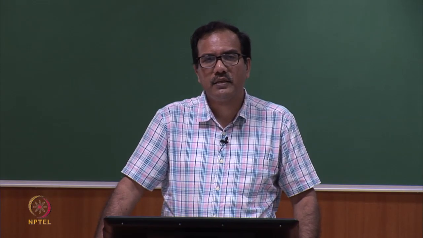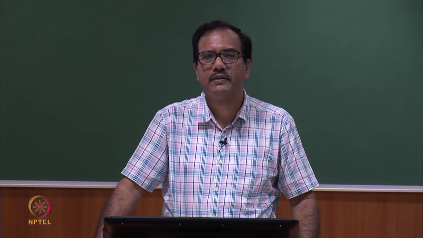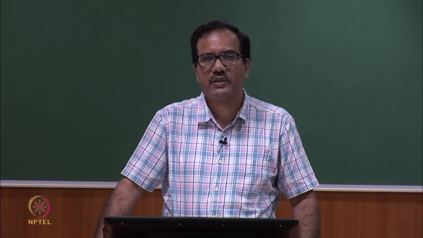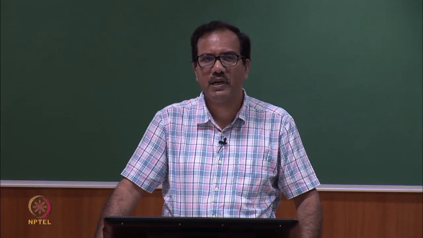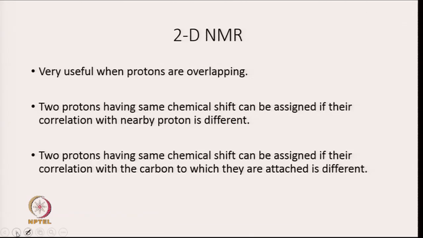But still that may not be enough, and for assignment and structure calculation you may need to use 2D NMR, and they are very useful when protons are overlapping. So, two protons having the same chemical shift can be assigned if their correlation with nearby protons is different, and then you can look at the proton-proton correlation to distinguish between two different protons.